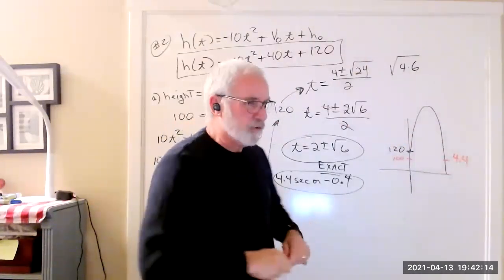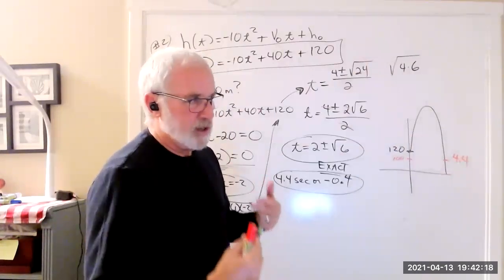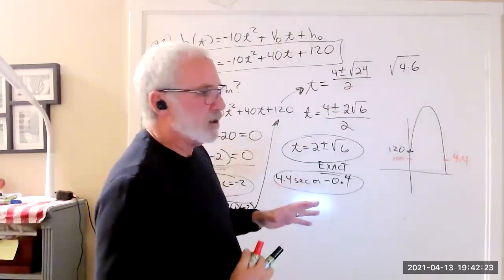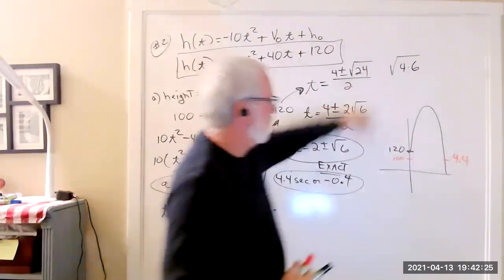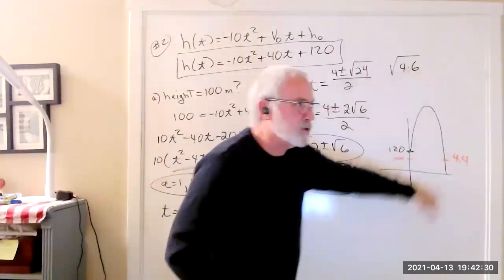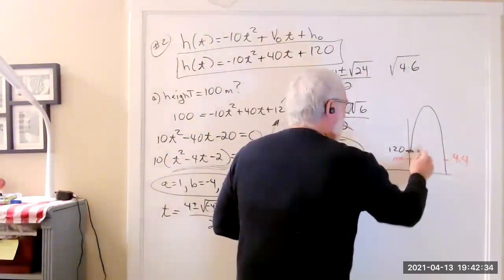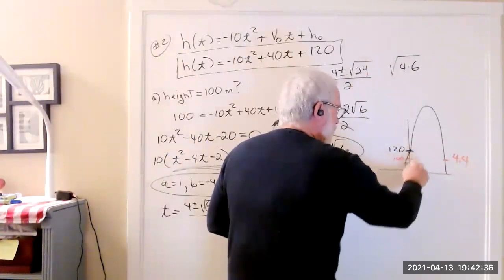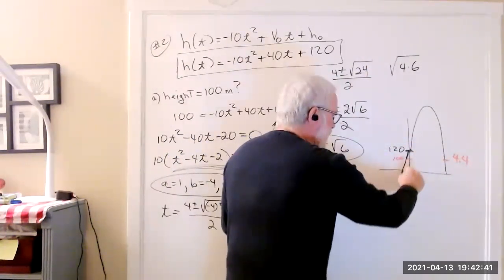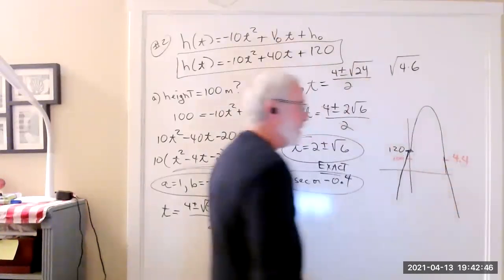This is where you guys have to be more intelligent than your calculators. The algebra just says, hey, they're doing this silly parabola. It doesn't really know that the problem starts at 120. It's thinking this is a full-on parabola. It goes up, it comes down, and it goes down forever.